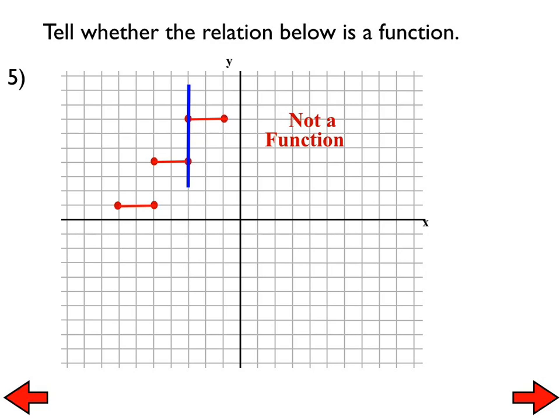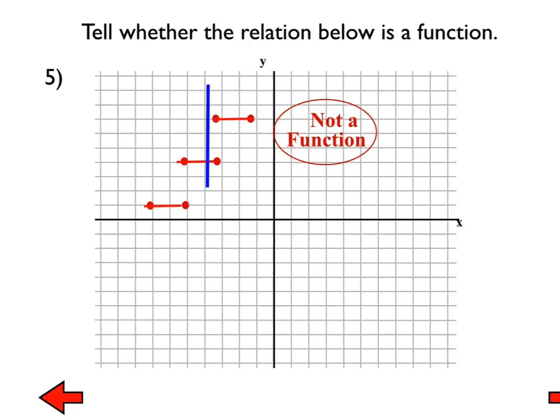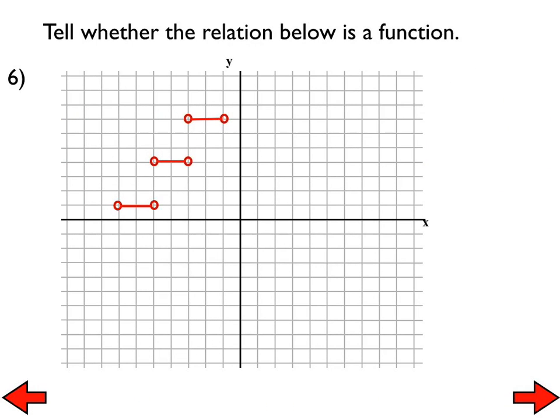Now, is this one a function? Those open dots are like holes in the graph. And as you get into advanced math courses, you end up sometimes having a hole in the graph because of various reasons. Usually it's because of a possibility of division by 0. But how about this one?